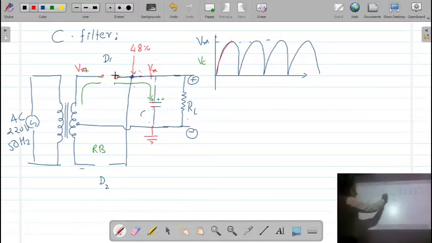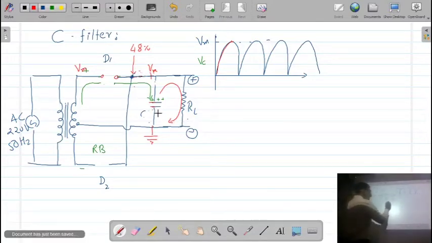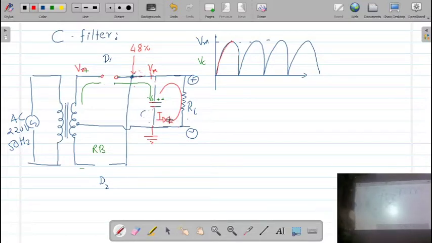So the capacitor is charged up to the Vm value. Now this capacitor will be discharged through the load resistance RL in this manner. When it discharges, the charge carriers pass through the RL, and the motion of the charge carriers is nothing but a current. So whatever current is flowing here, we call this a DC current.